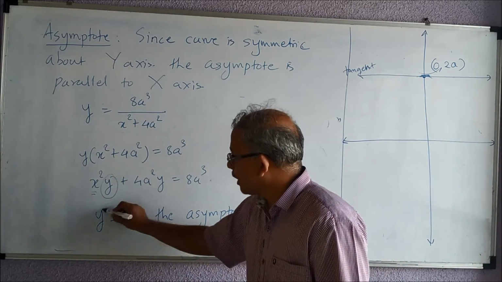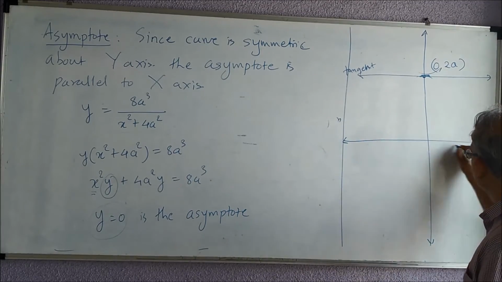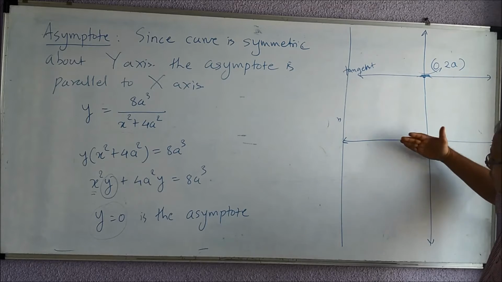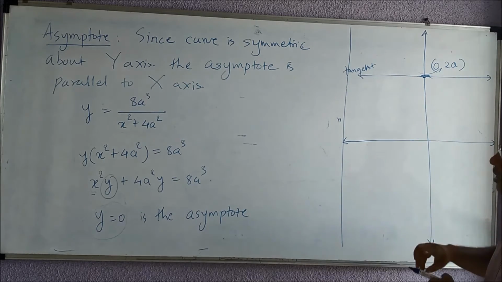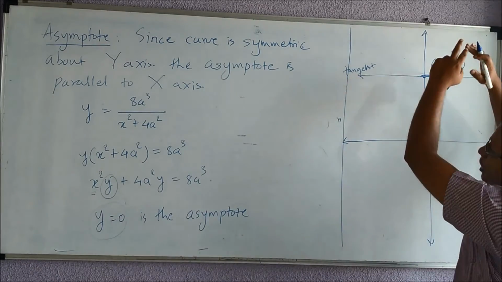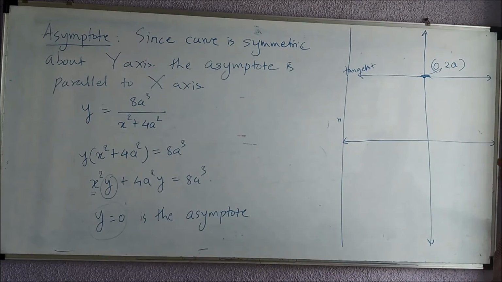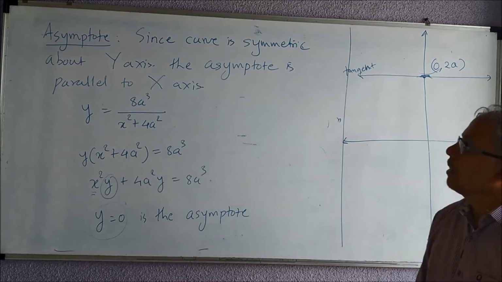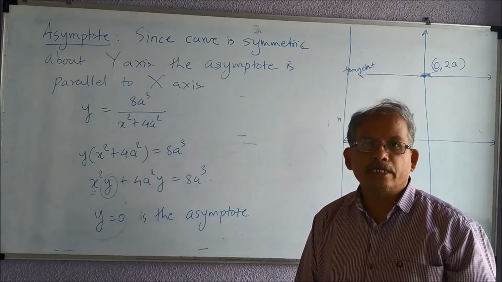This is the equation of the x-axis. So the x-axis itself is the asymptote. That means after this there will be no part of the curve. So the curve must be in the part above the x-axis, and it is symmetric. So we have determined the asymptote.